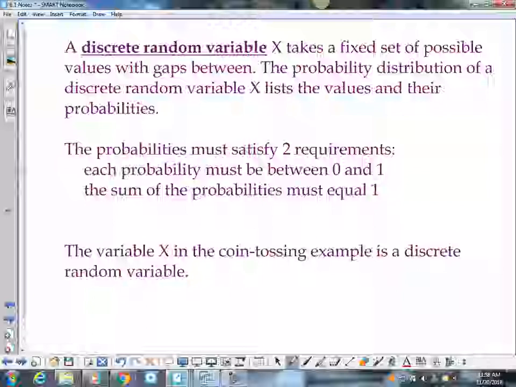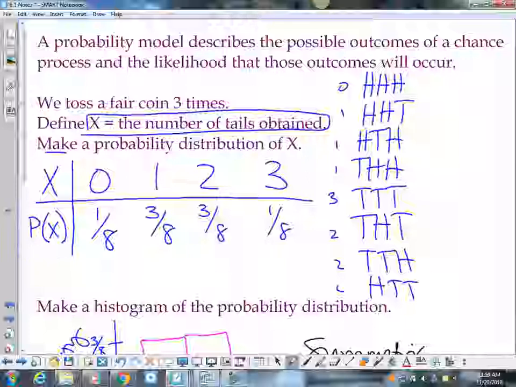For discrete, I can either get 0 tails or 1 tail or 2 tails. But there's no data in between those. Does that make sense? The probability distribution of a discrete random variable X lists the values and their probabilities. That's what we did here. We list the X values and we list their probabilities using statistical language.